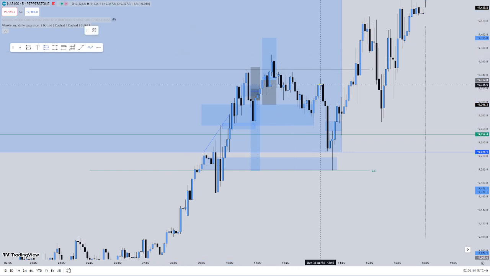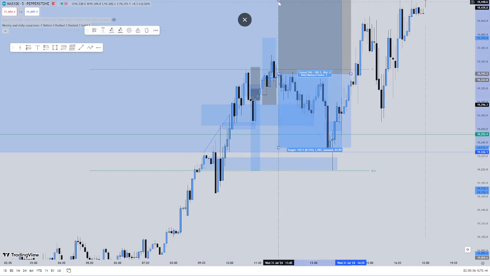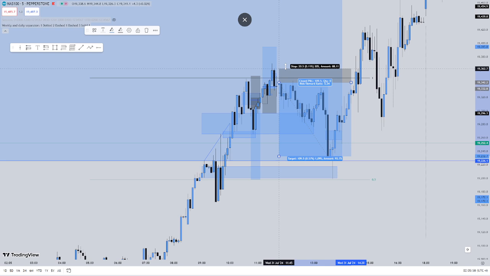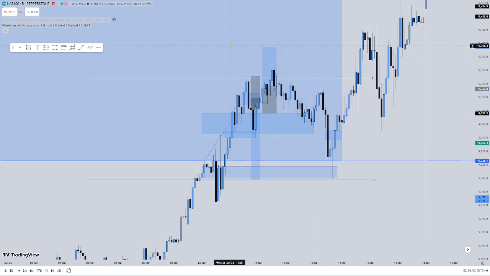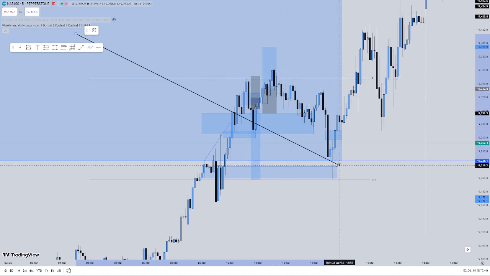So that's when I should have taken the entry, like this, okay? So I should have waited a little bit longer. Even though price did a 5 minute bearish inversion gap, I was still kind of hesitating, and this trade was completely better.